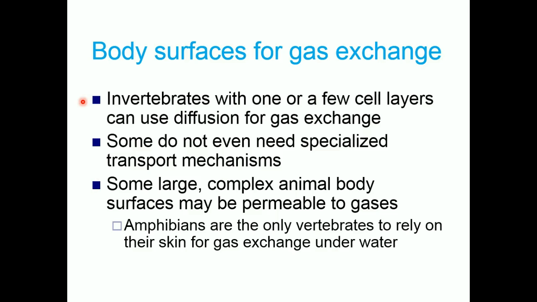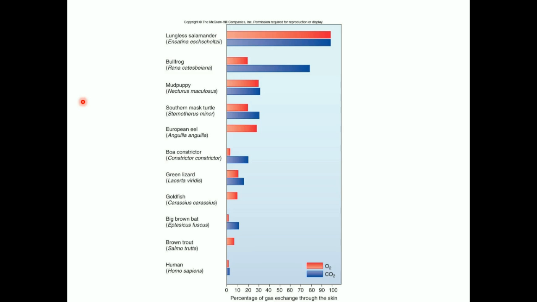It also turns out that even though other means of respiration are important for larger animals, some, especially amphibians, do exchange a considerable amount of oxygen and carbon dioxide over their skin surface. Now we will get to that a little later. Well, actually, we get to it right now.